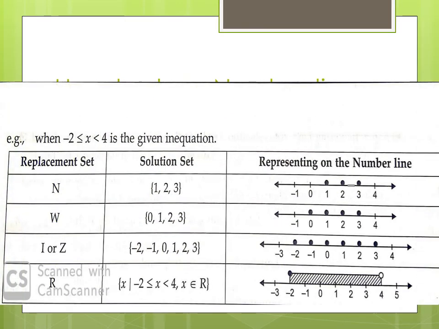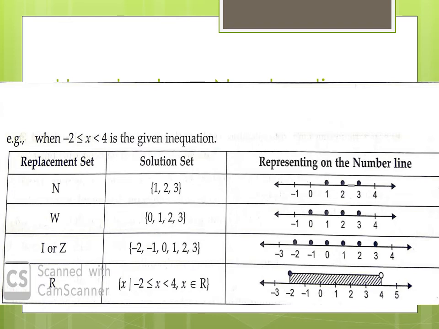So let us have a quick look at how the replacement set looks. Suppose it's given that x lies between -2 and 4, where x is equal to or greater than -2 but less than 4. And if the replacement set is given as N, that means natural numbers: 1, 2, 3, 4, 5, 6.